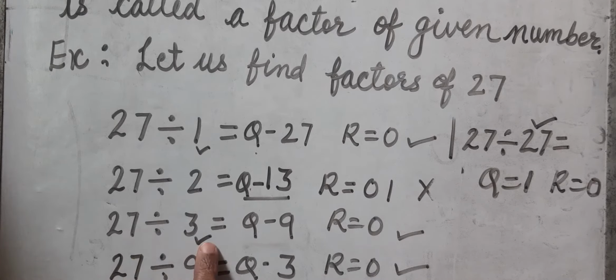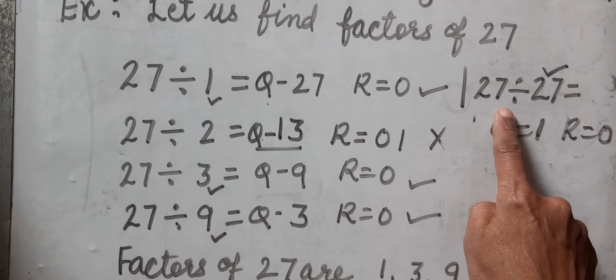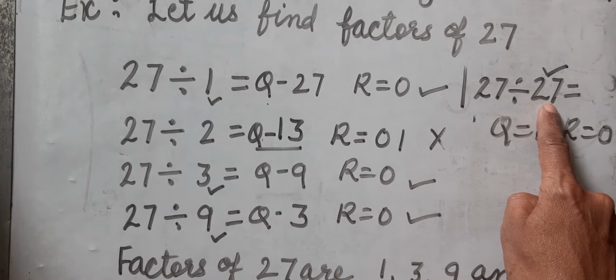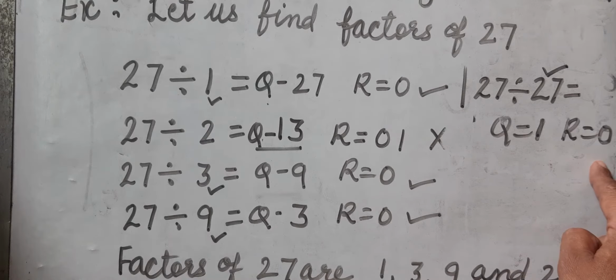27 divided by 3, we will get quotient 9. Remainder is 0, means it has divided completely. Same, 27 divided by 9. So 9 3s are 27. Quotient is 3 and remainder is 0 because it divides completely. And 27 divided by 27, quotient will be 1. 27 ones are 27 and remainder is 0.